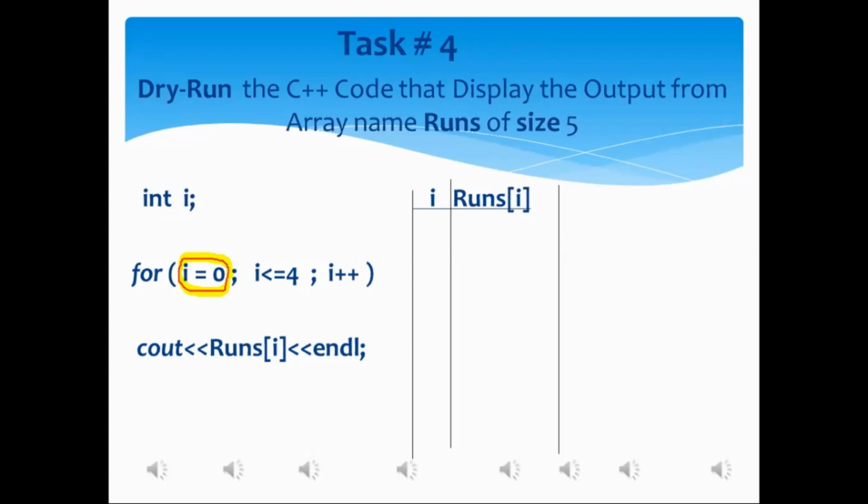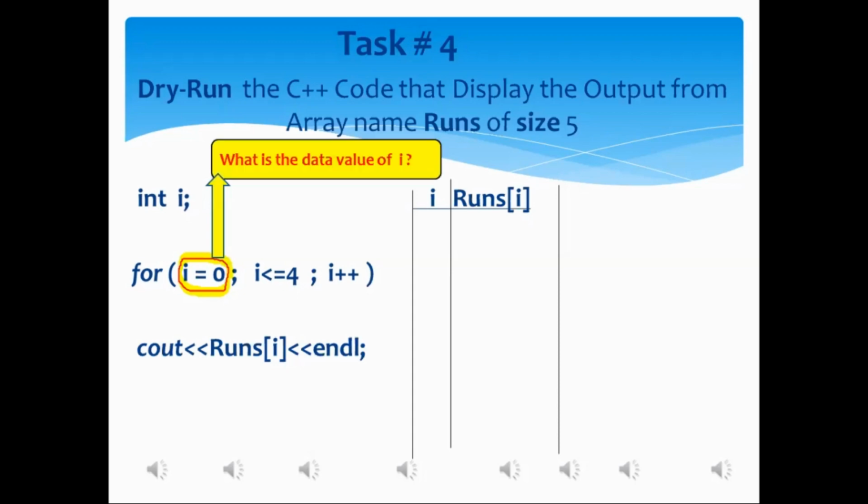Yes, sir. After the execution of the initialization statement within the for loop statement, that is I equals 0, Mr. Aftab, when this initialization statement is executed, what will be initialized and what will be the data value?